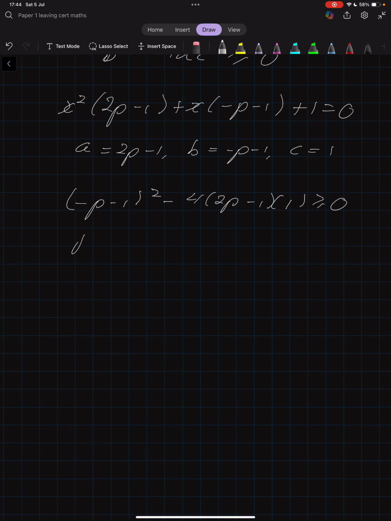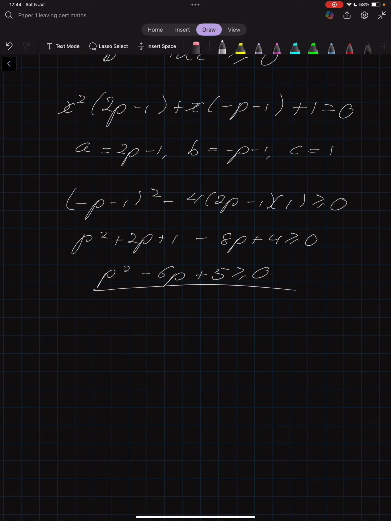So this gives me p squared plus 2p plus 1 minus 8p plus 4 has to be greater than or equal to 0. So I get p squared minus 6p plus 5 has to be greater than or equal to 0. Now, for these ones, always what you do is you solve for equal to 0.